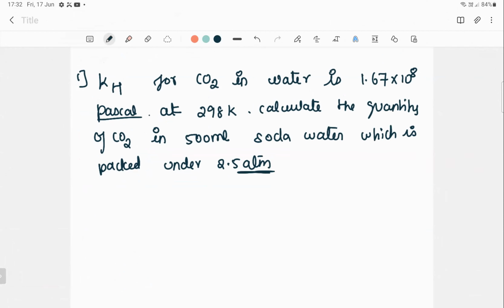So just convert it. Your values will get altered. In most of the problems I have done, a plus or minus 3 variation just comes.